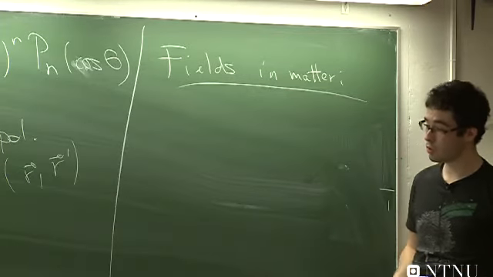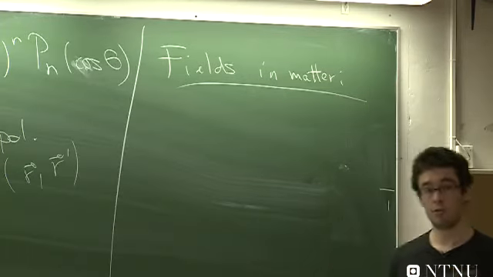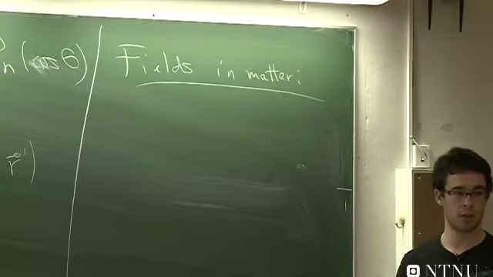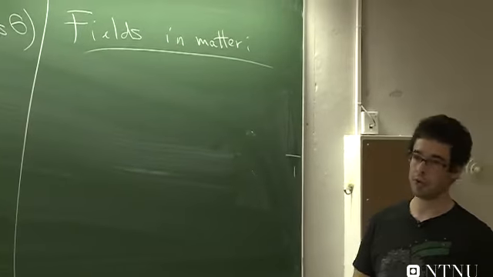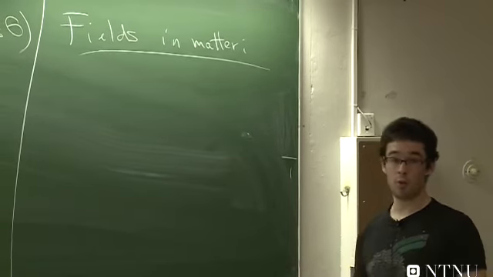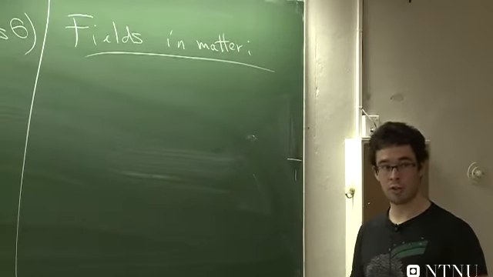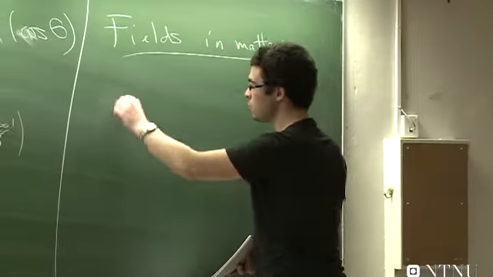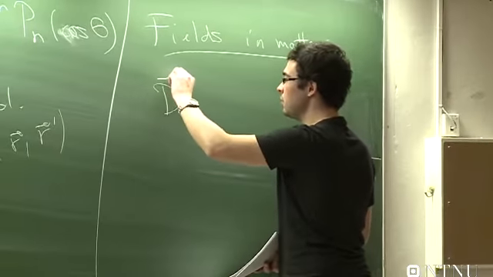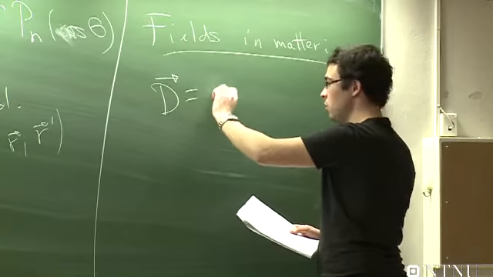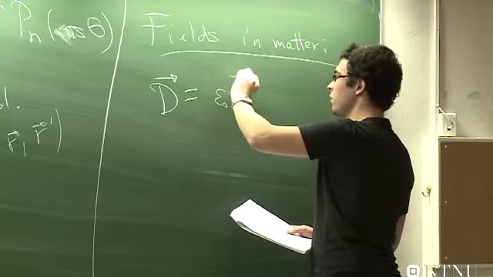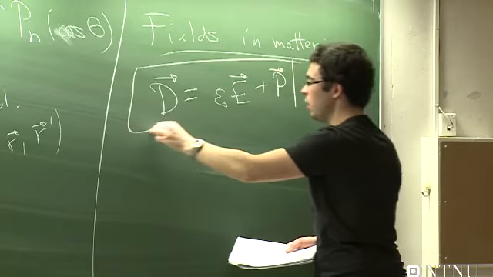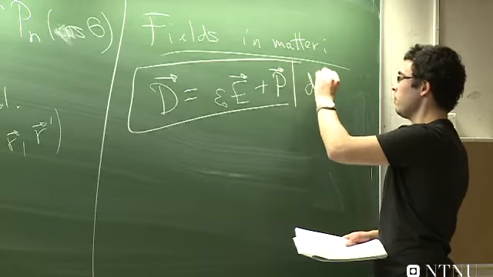The conclusion was that if you're going to work with the electric field, then you get some polarization, which you don't know. And the polarization generates a new electric field, which generates more polarization. You have to solve it self-consistently. Alternatively, and more clever, we introduce the electric displacement D, which is equal to epsilon naught E plus P. And this is the definition.